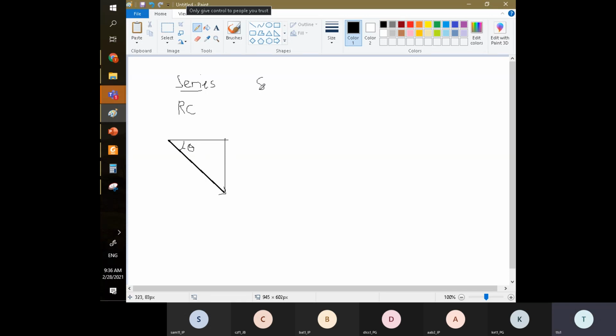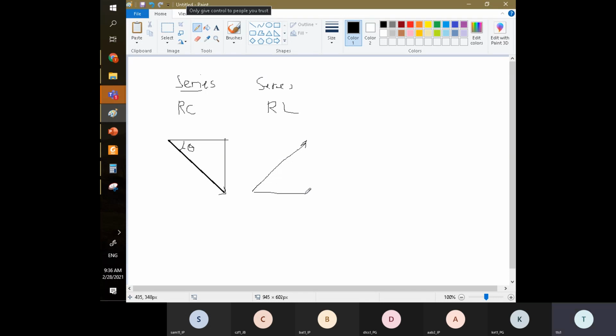For series, R and L is positive, like this.